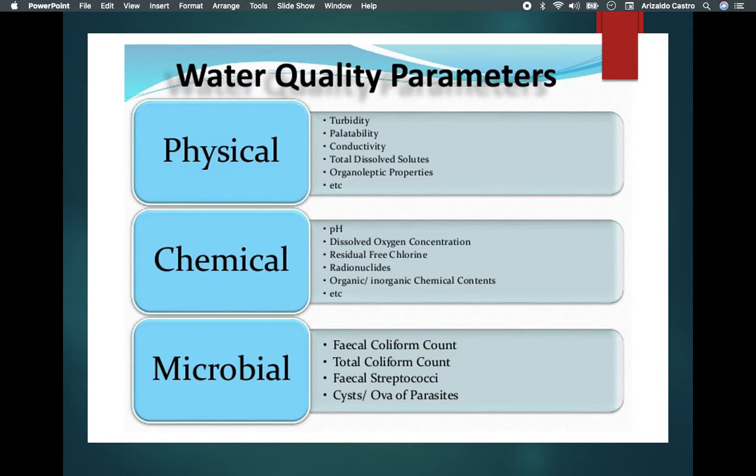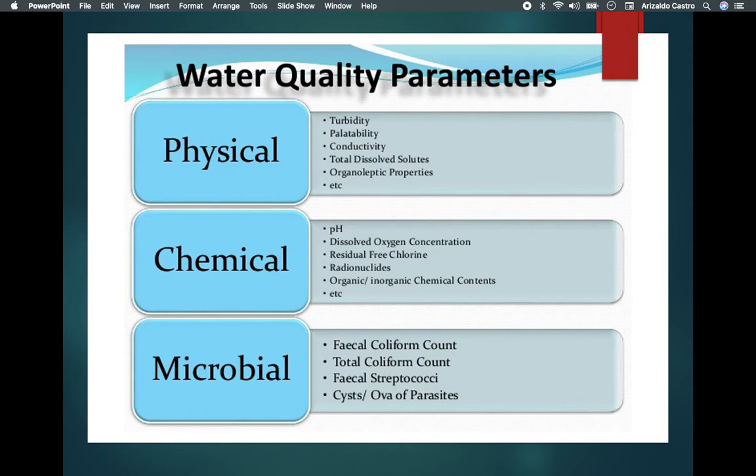In addition, we also have to look at the microbial quality of water by doing coliform counting. Also, it's possible that we check on specific bacteria, specific organisms of interest.